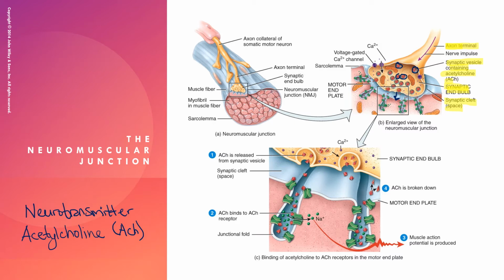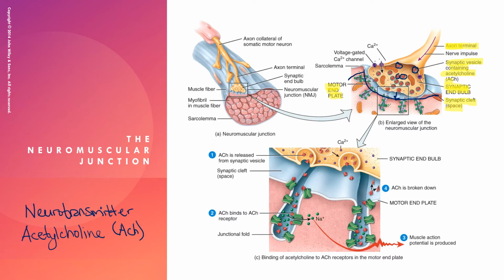Now the region of the sarcolemma that's opposite the synaptic end bulb is called the motor end plate. This is the part of the muscle cell where we have that connection with the motor neuron. It's the muscle part of the neuromuscular junction.